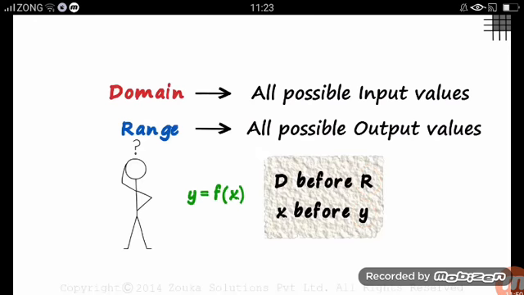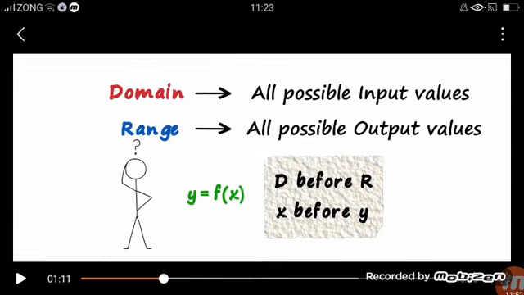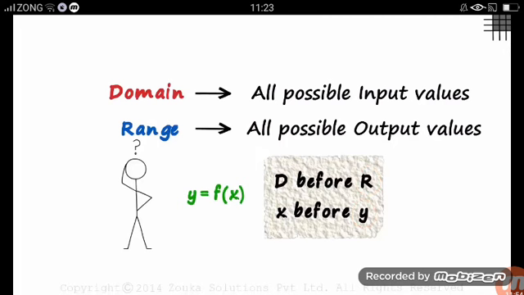So here y is dependent. Therefore, domain is all the possible input values and range is all the possible output values. It means the first elements, which are x, will be the domain, and the second values, which are y, will be the range.